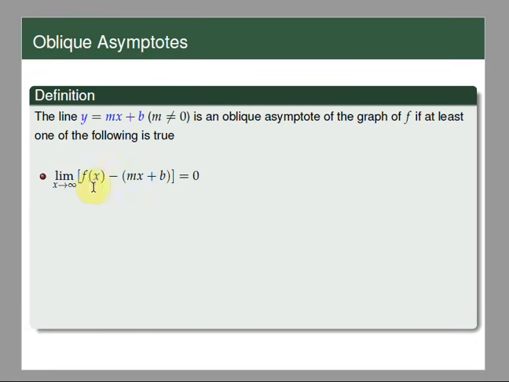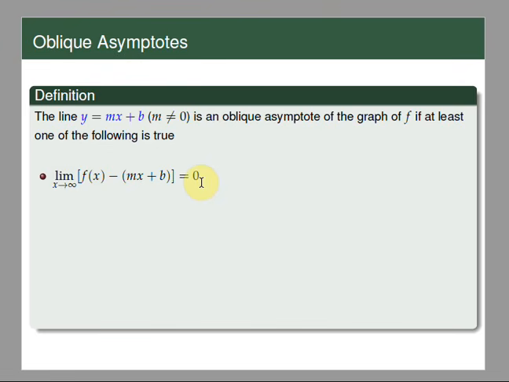This limit means that as x goes bigger and bigger indefinitely, that is, x approaches infinity, the distance between your function, f of x, and the line, y equals mx plus b, their difference, f of x minus the quantity mx plus b, gets smaller and smaller, so that means the limit is equal to 0.